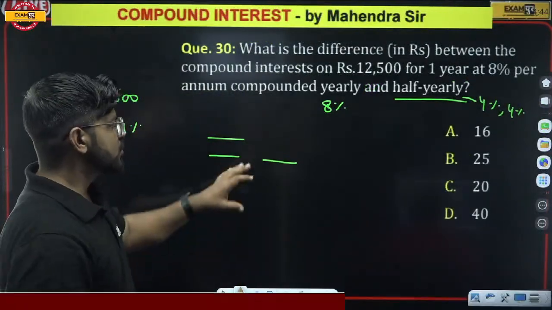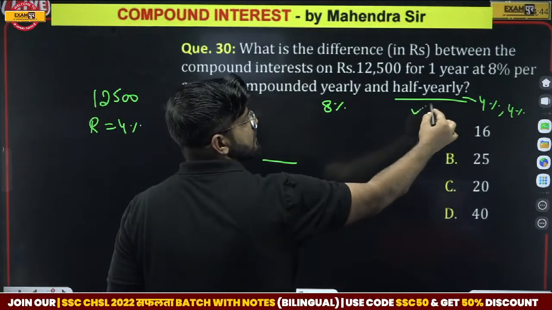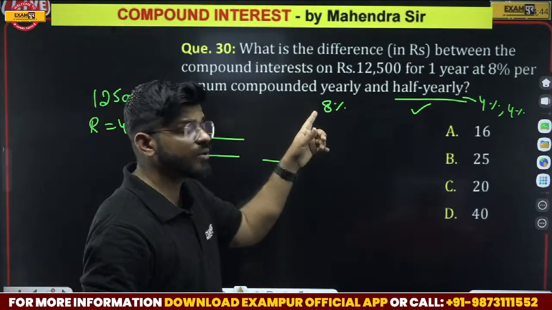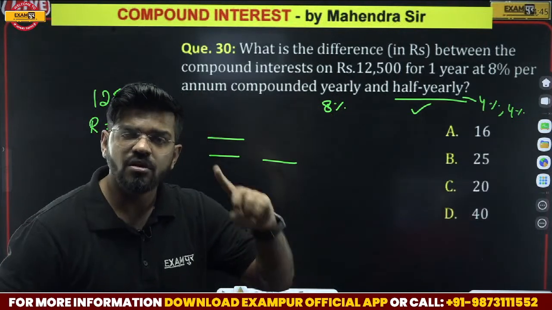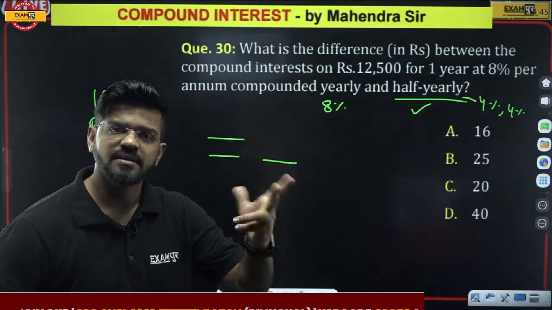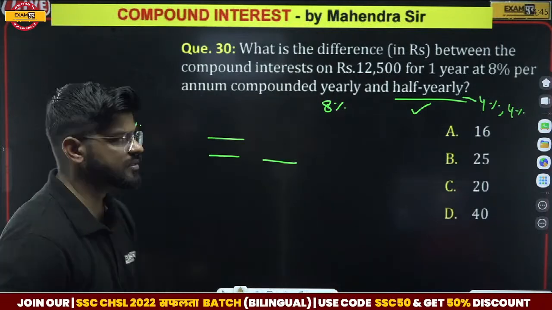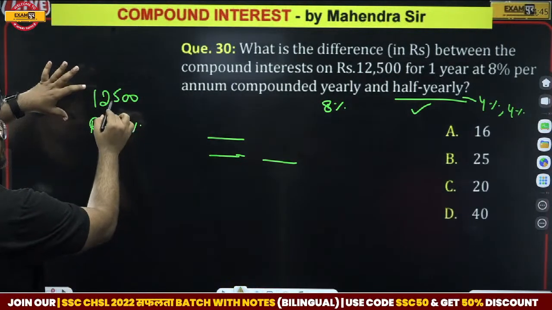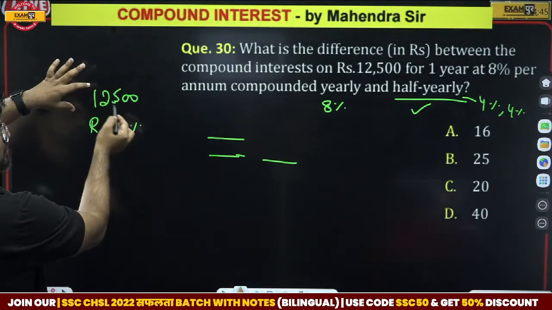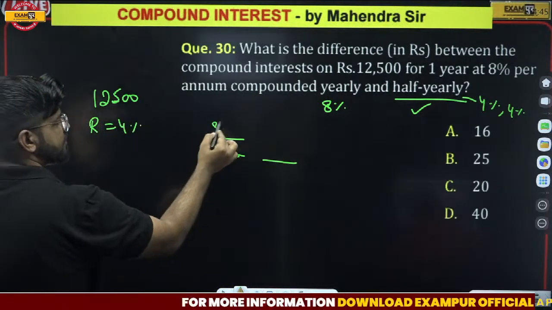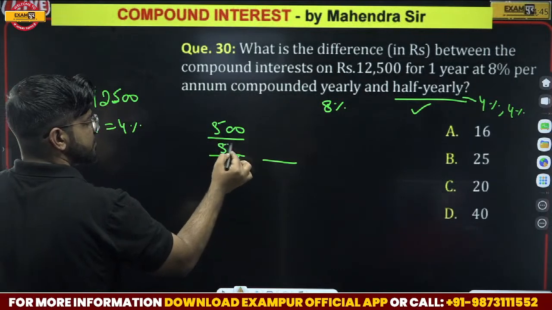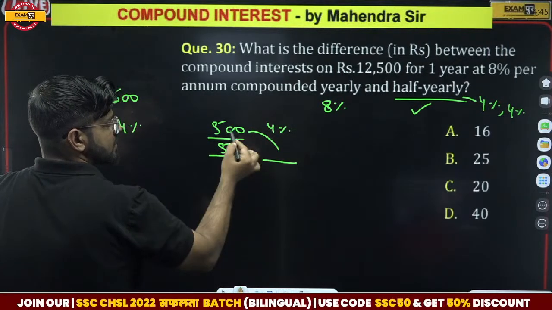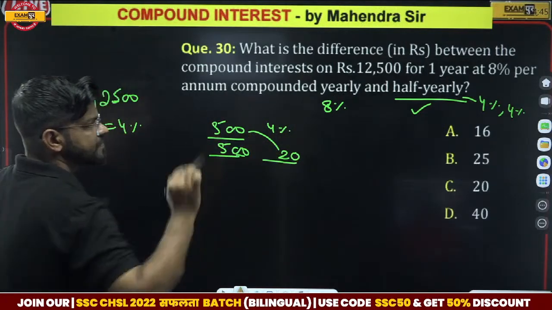Clear? So here we are going to take compound interest and here we are going to take simple interest. Why? Because 1 year simple interest is equal to 1 year compound interest. So 4% of this, the zeros will cancel out, 4 times 125 gives 500. Here also we will get 500, and for 4% of 500 we will get 20 here.